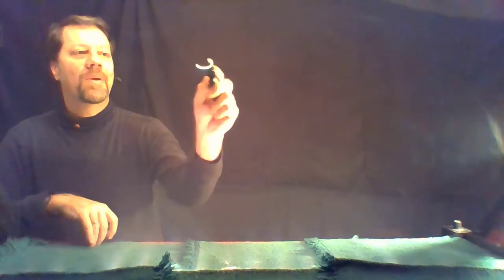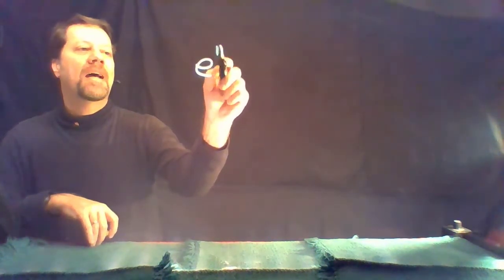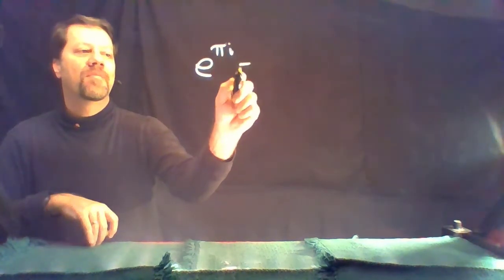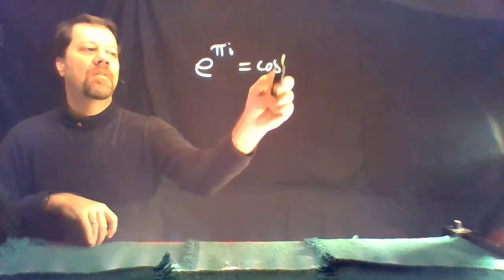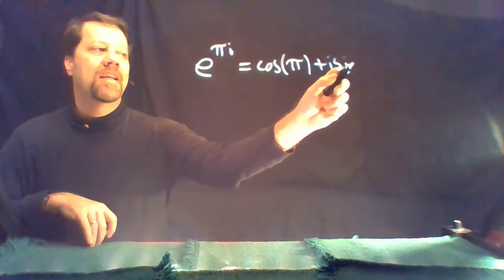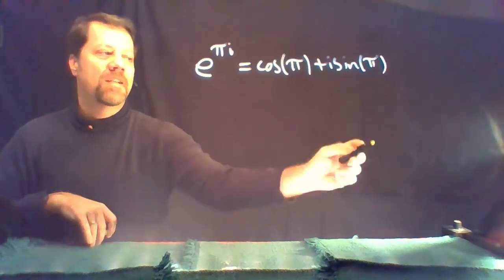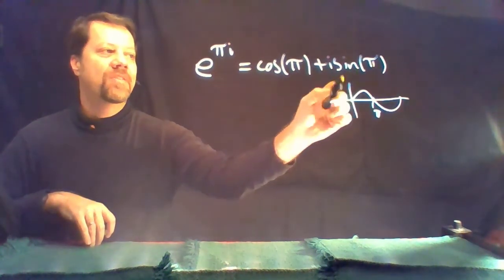Before moving on with our theory development, I would like to point out that due to Euler's formula, e to the pi i is equal to cosine pi plus i sine pi. Now sine at pi is 0.